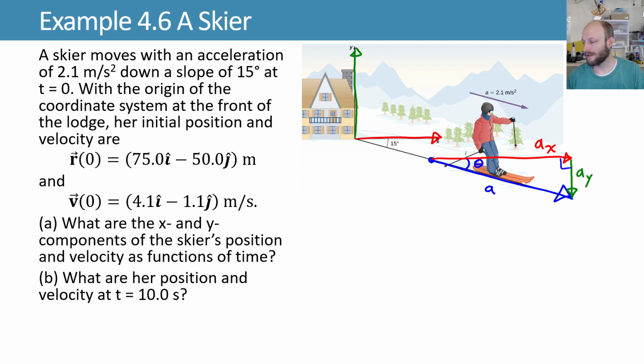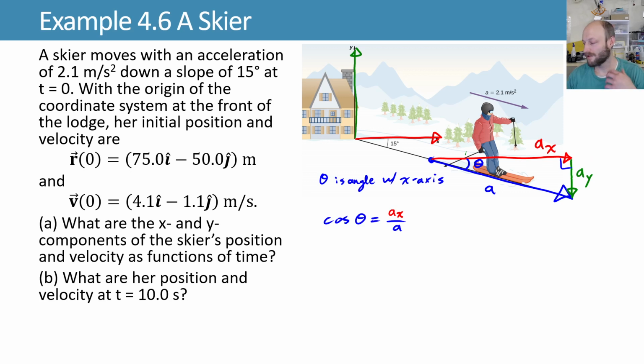And we also know the angle we're going down by. That angle theta is a 15-degree slope. And so since we know that angle we make with the x-axis, we can write our trigonometric relationship using this right triangle here to relate the hypotenuse of the triangle, that 2.1 meters per second squared, to the legs.